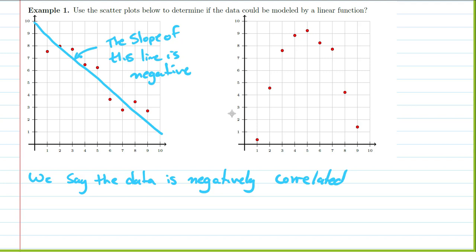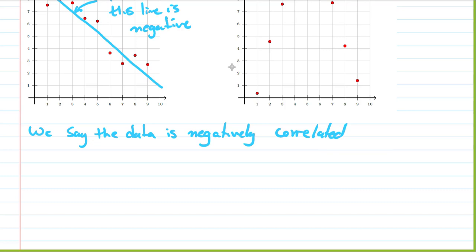So when we have a set of data that we are modeling by a linear function, if the slope of our line is negative, the correlation coefficient will be negative. So if m is less than 0, the correlation coefficient is negative.